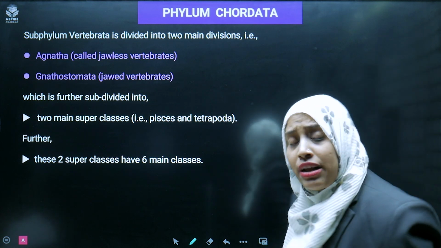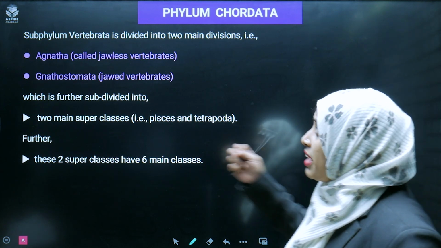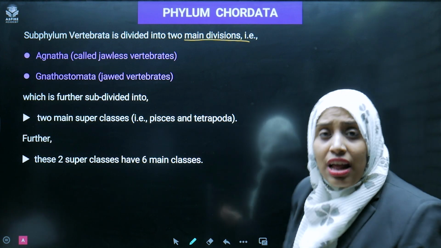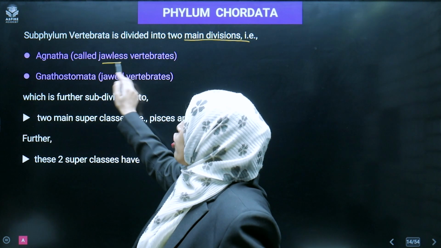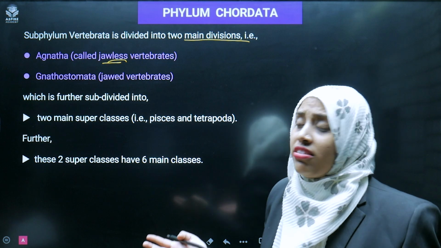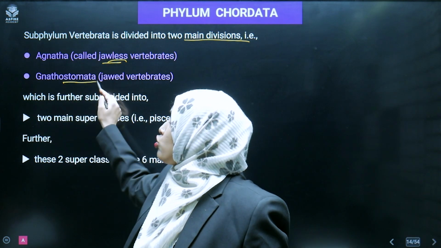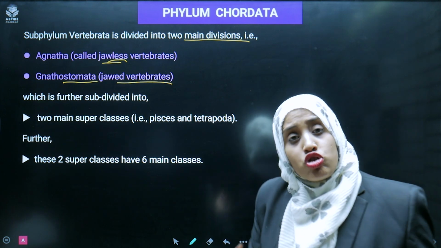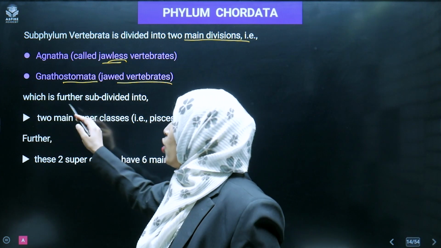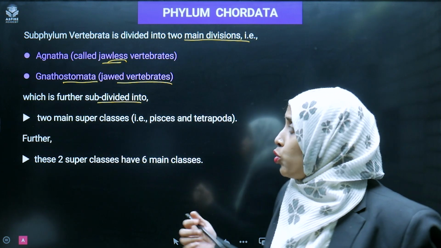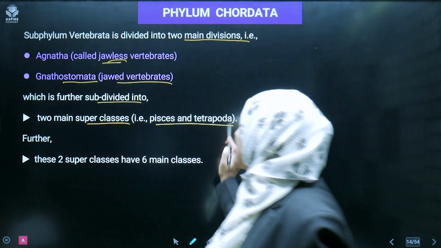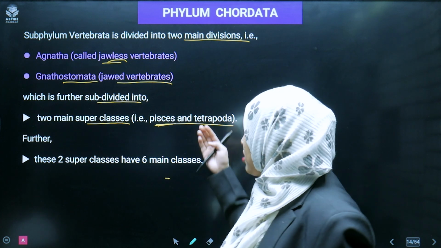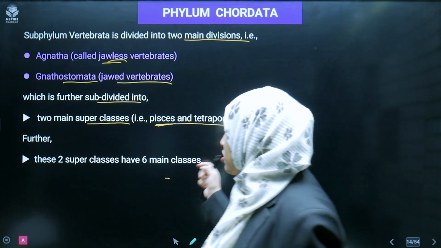Now subphylum vertebrata, ठीक है, vertebrates is divided into two main division, okay, agnatha which are lacking jaw, jawless होते हैं, jawless vertebrates है, okay, and gnathostomata they are jawed vertebrate, simply we can call gnathostomata क्या है, jawed vertebrates है। Further it is subdivided into two main superclass, Pisces and Tetrapoda, और Pisces में हमने we have seen there is a two classes, Chondrichthyes, Osteichthyes.